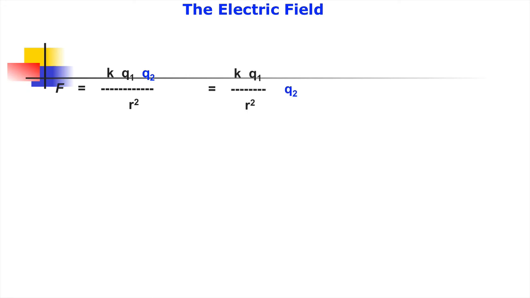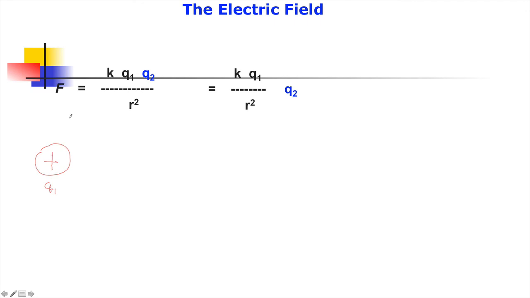And then the electric field is calculated like this. So let's assume that you have an electric charge. Let's say it's a positive big charge, and let's call that one Q1, and we want to find the electric field of this positive charge.